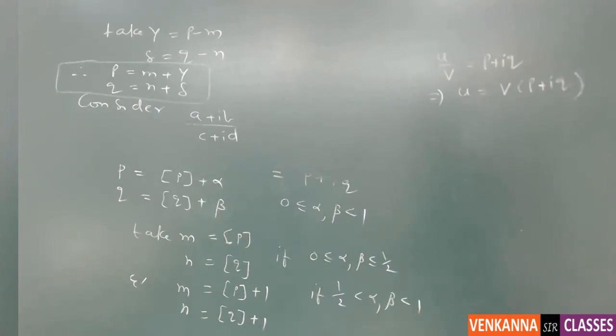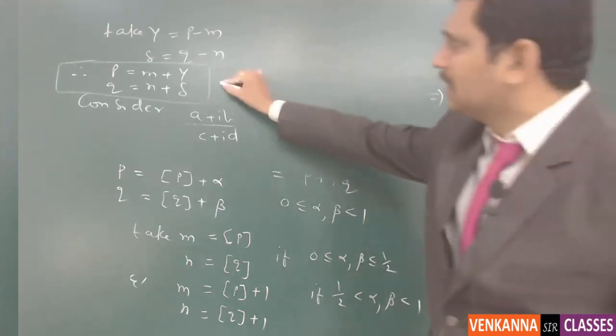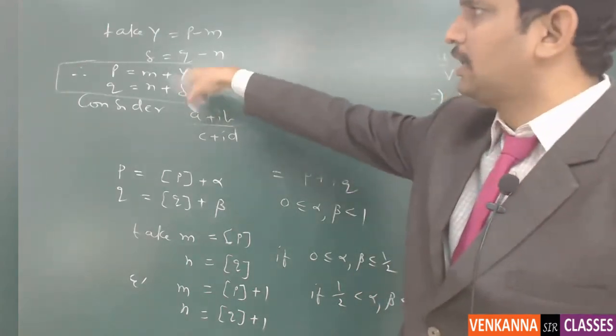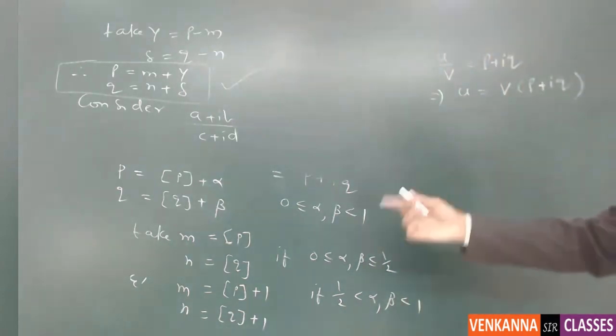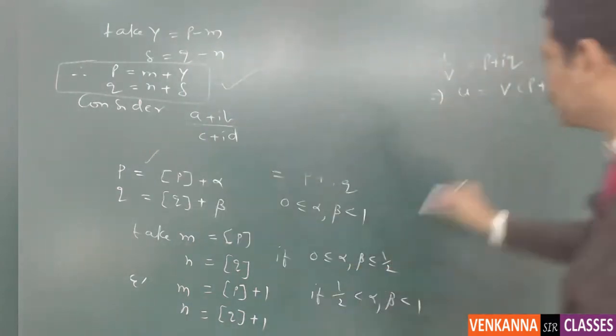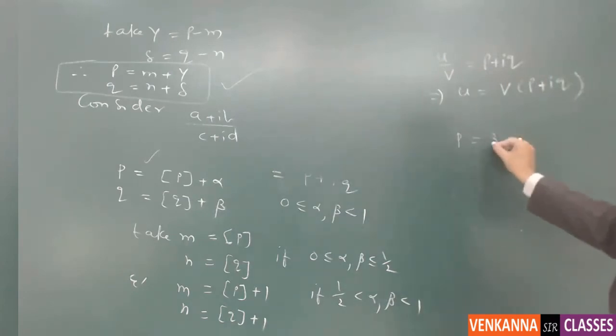Now for our convenience, let us take some examples and verify whether this condition holds or not. Suppose p is equal to 3.2.